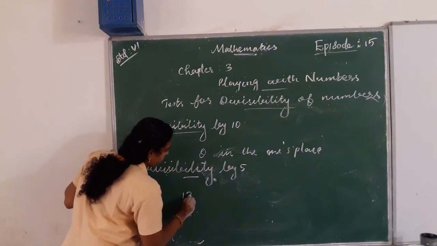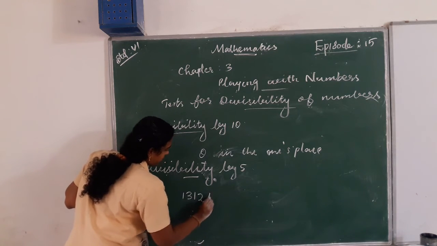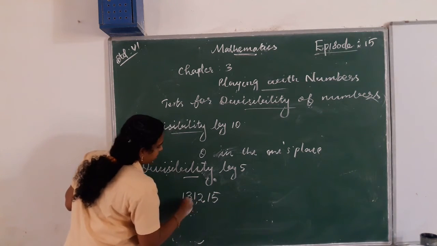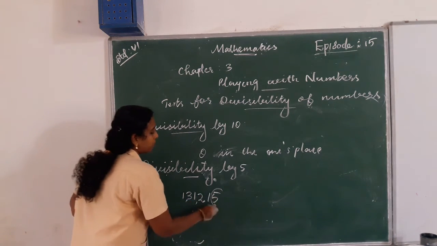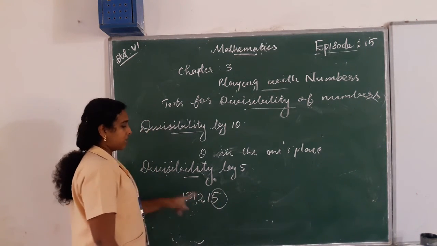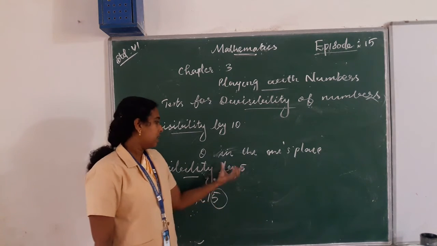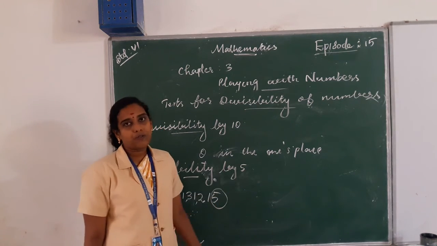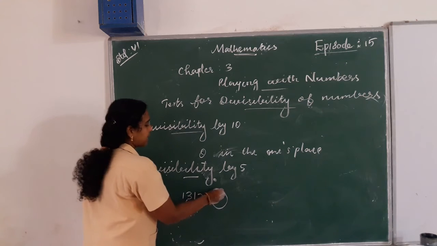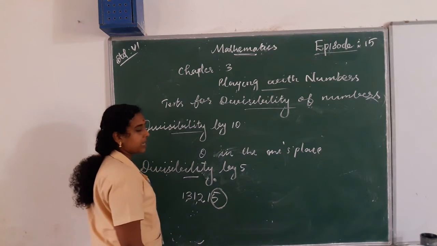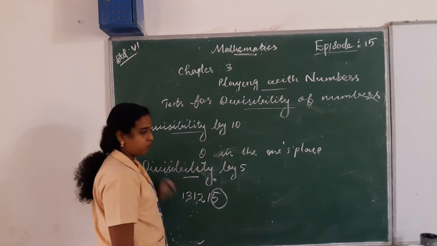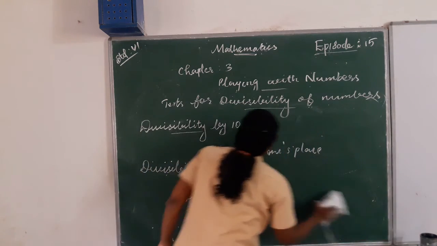For example, 1,31,215. Here 5 is at the ones place, so we can say that this number is divisible by 5. So when 0 or 5 comes at the ones place, we can say that number is divisible by 5.